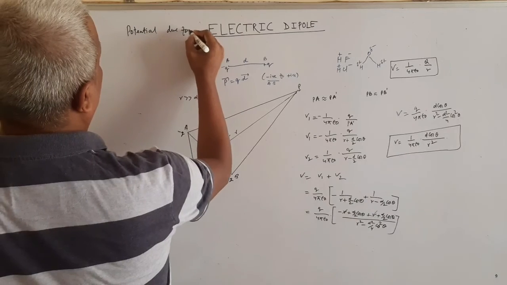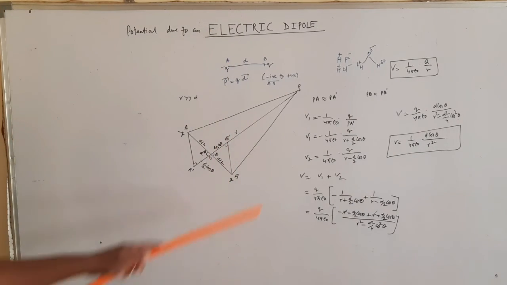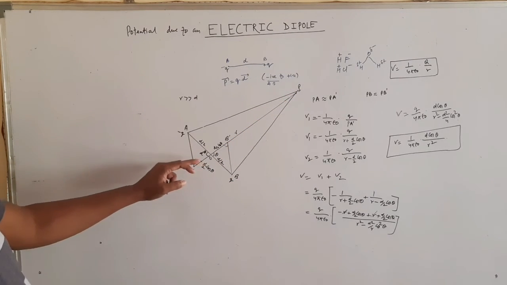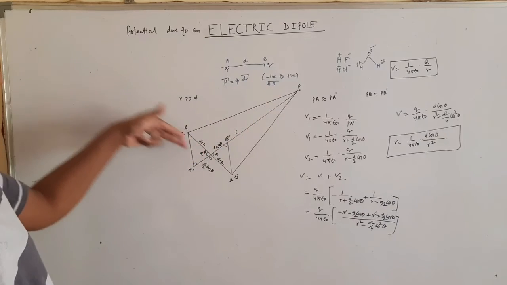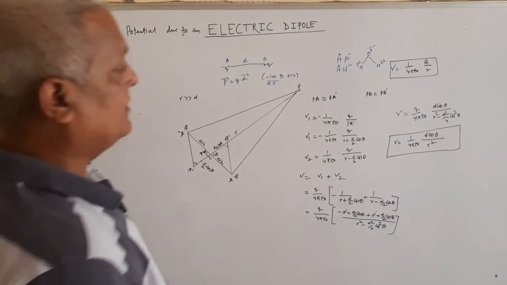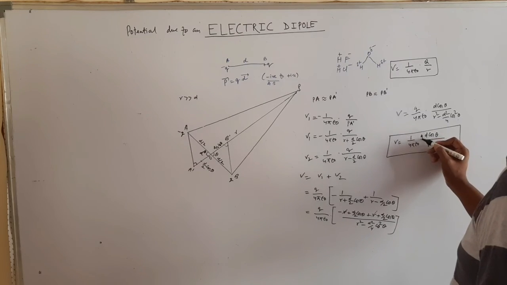due to an electric dipole, where the point is situated on the line perpendicular to the axis of the dipole, and we have got our relation V is 1 by 4 pi epsilon naught q. Oh, I missed one thing. There is q upon this, so I missed this q part.